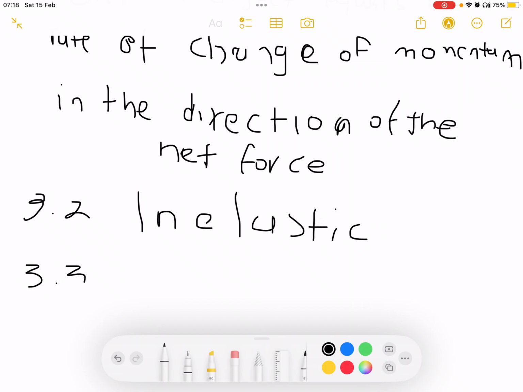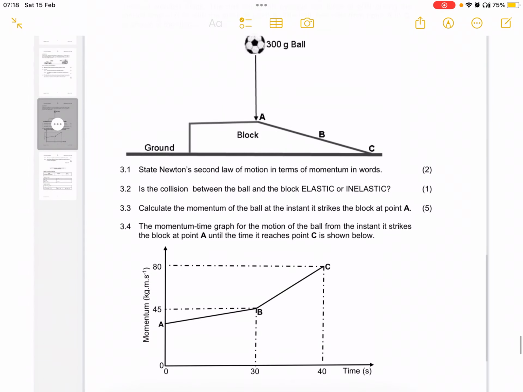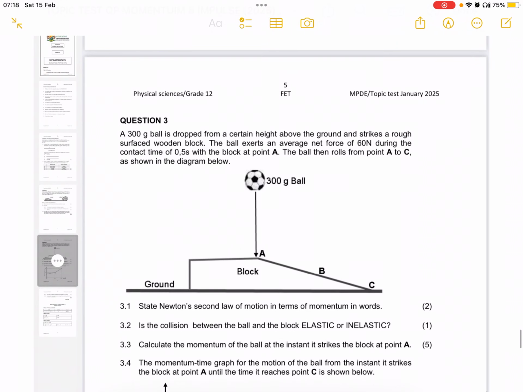Okay. In 3.3, they are asking us what? Calculate the momentum of the ball at the instant it strikes the block at point A. You are given the mass from the statement, the average net force, and the contact time, and you want the velocity that it hits point A with as it was dropped.